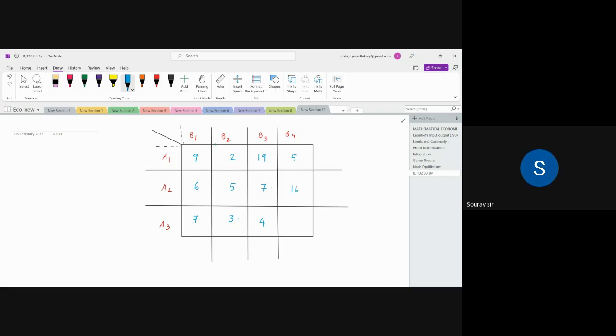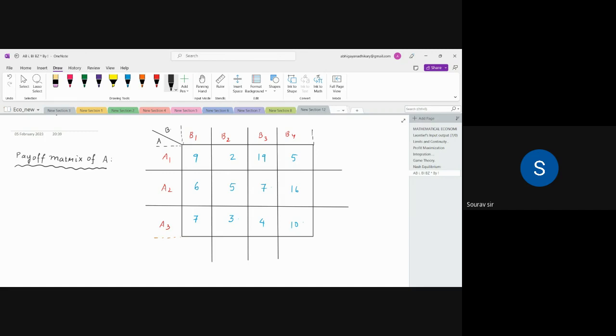Okay. So this is player A and player B. This is the payoff matrix of player 1 or player A. So this is a zero sum game. This is the payoff matrix of A.